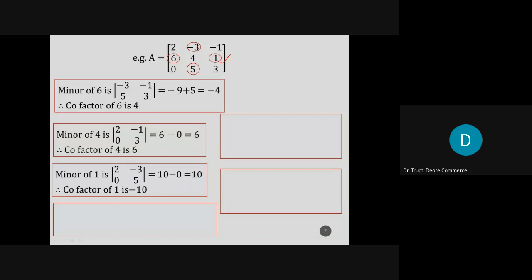Okay. Now calculate the minor for this 0. For this you will cancel this column and this row. So find out the minor of 0. Is it 3 or +1 or -1?